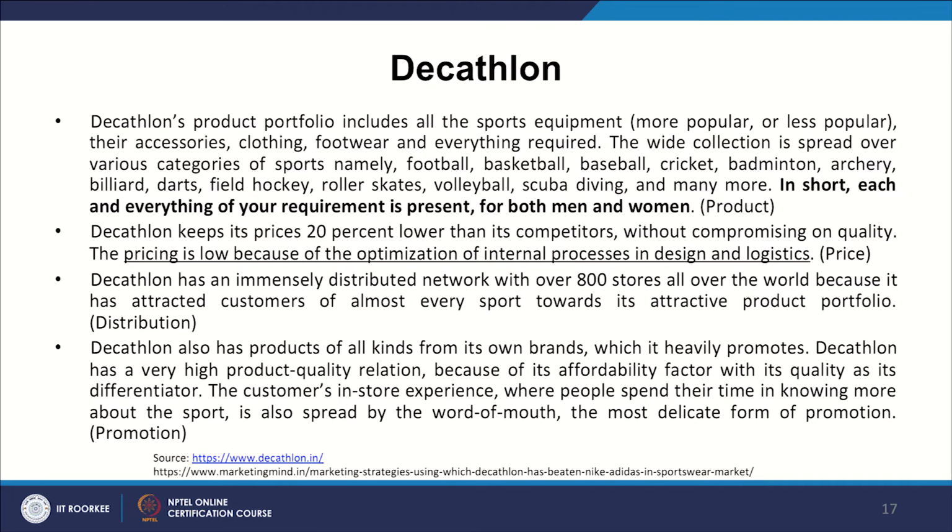Decathlon has an immensely distributed network with over 800 stores all over the world because it has attached customers of almost every sport towards its attractive product portfolio, that is related to distribution. And Decathlon also has products of all kinds from its own brands which it heavily promotes. Decathlon has a very high product quality relation because of its affordability, with quality as its differentiator.